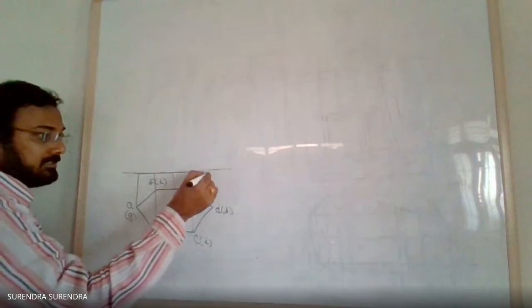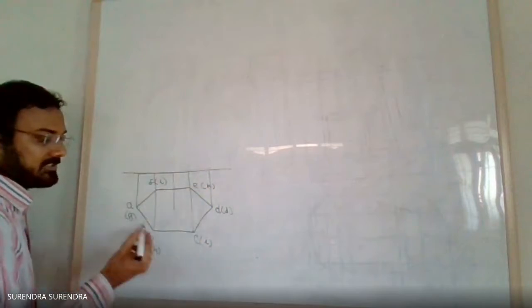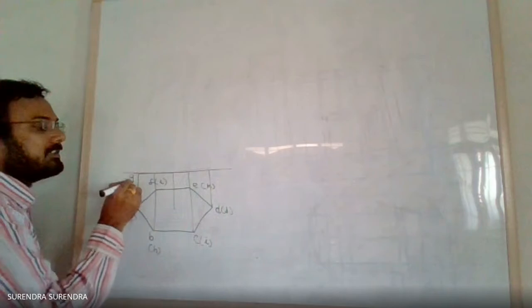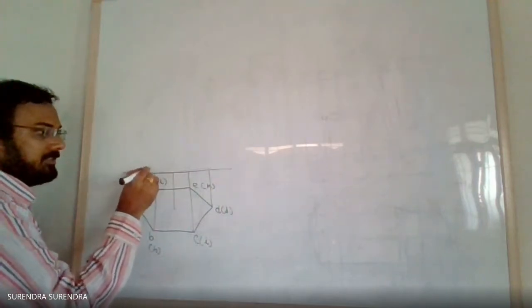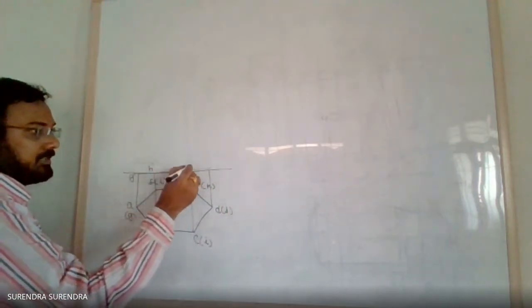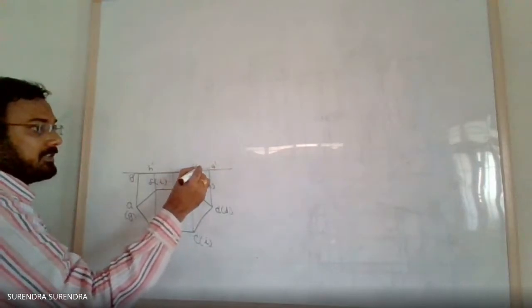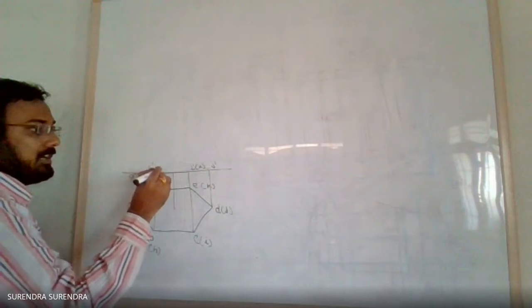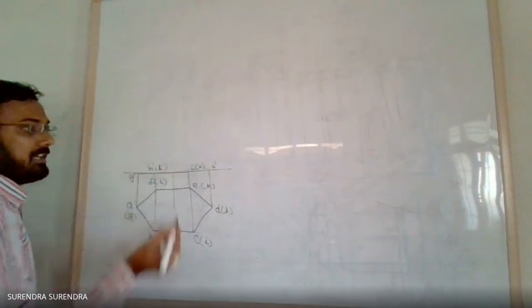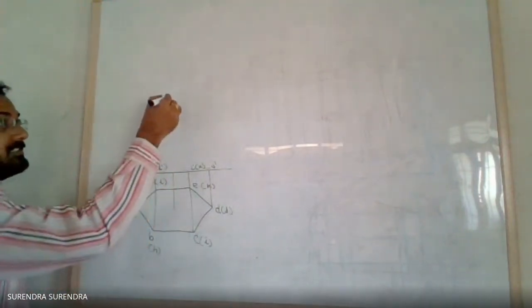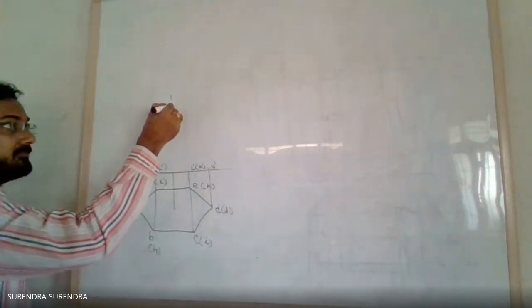So on the XY line, mark the bottom base points. Those are G, H, I, J dash, K dash and L dash. Now draw the axis for the given height.